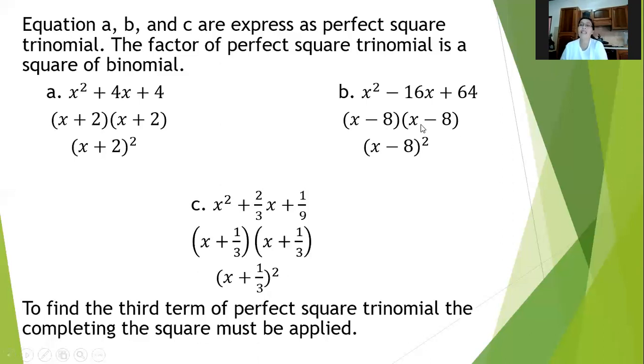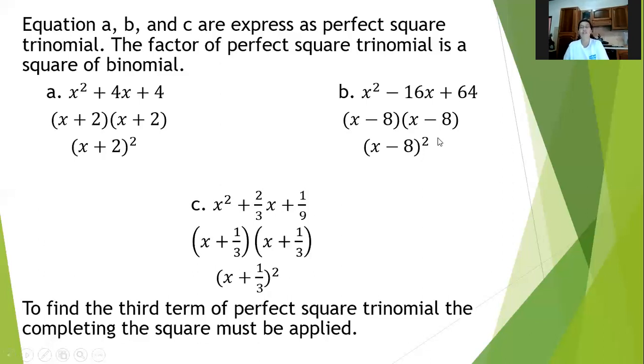Negative 8x plus negative 8x is equal to negative 16x. Therefore, this factor is correct. The factor of x squared minus 16x plus 64 is x minus 8 times x minus 8. And then express this as the square of binomial. It is x minus 8 quantity squared.